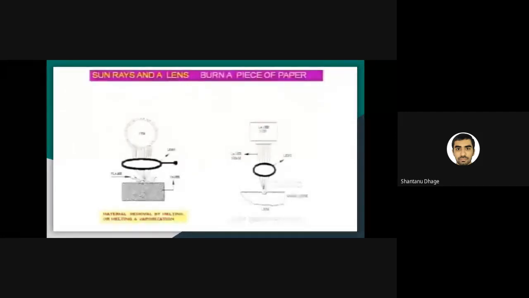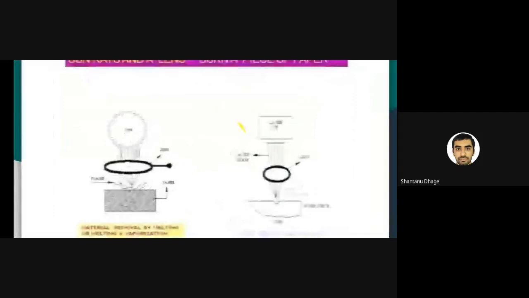So this is a very important process, and it has been used for cutting or drilling a hole in diamond, as you can see in this figure. I have taken one workpiece. We have the lens, which is called the focus lens, and this is the laser beam.